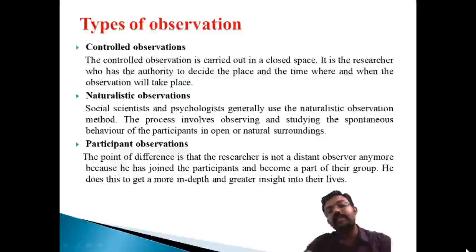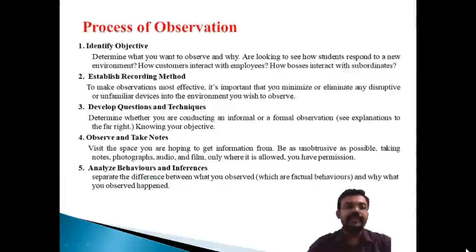So that's a participant. These are the three important types of observation. The first is controlled observation, the second is naturalistic observation, and the third is participant observation. These are the different types of observation relating to your research. Okay, and let's move into the process of observation. From the research point of view, the observation process can be classified into five important steps.